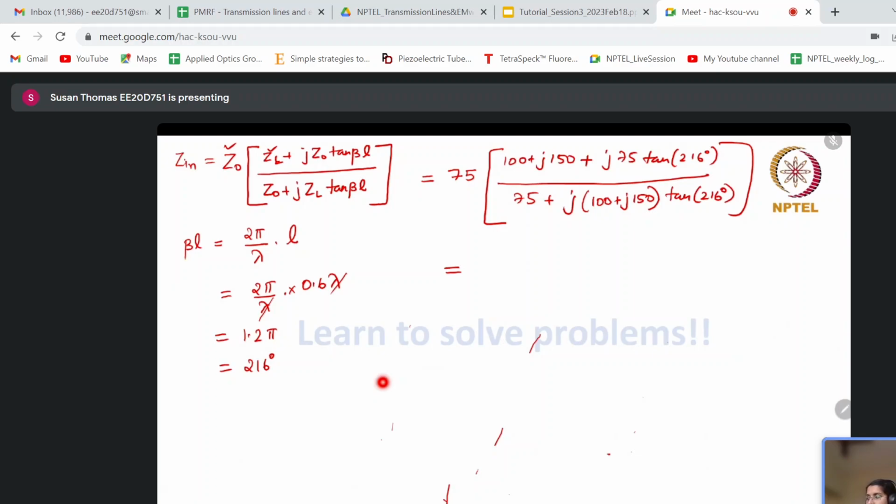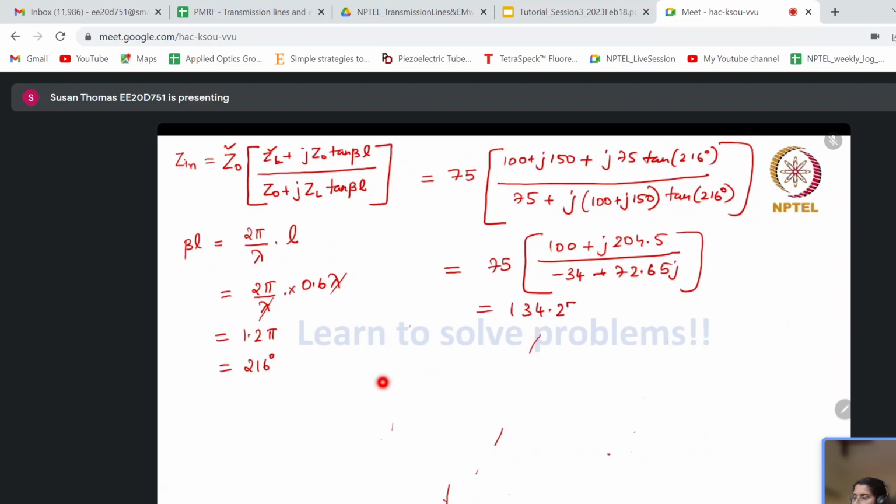We need to simplify. Once we do this, 75 into (100 plus j204.5) divided by (minus 34 plus 72.65j), which turns out to be 134.25 minus 165.75j ohm. So this is the input impedance.